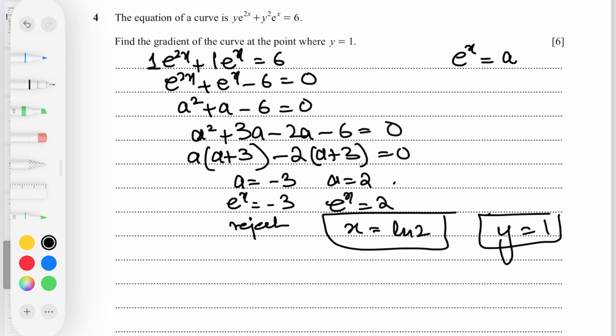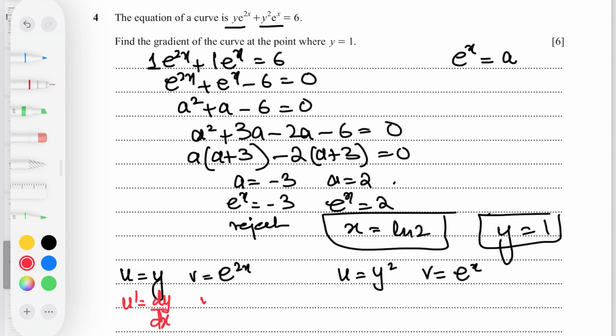Let's differentiate it. Product rule, product rule. This is an implicit differentiation question. u bar will become dy upon dx because the differential of y is 1.